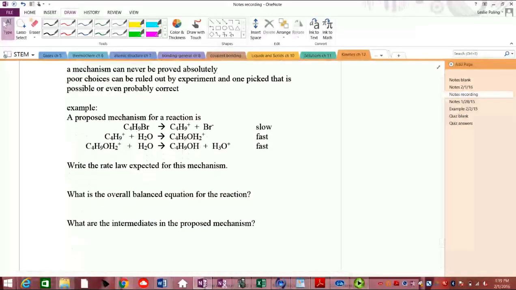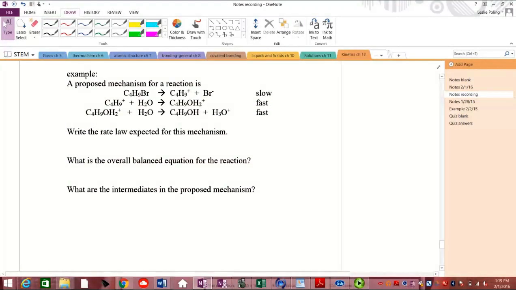So let's look at our example here. Okay. So we have C4H9Br. And so we've got to look for it. When we don't have it anywhere else, so it's going to be a reactant. Okay. C4H9 plus comes out and then goes back in.